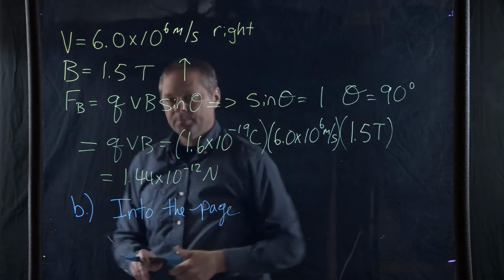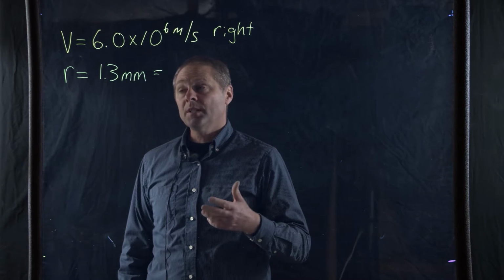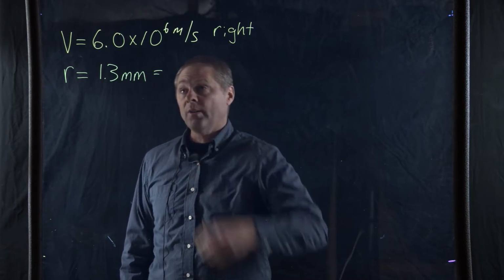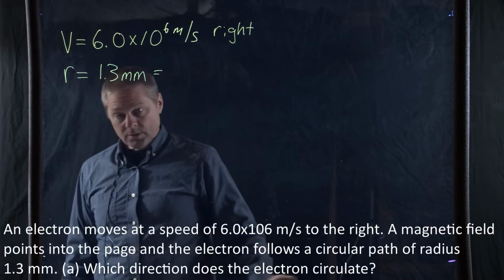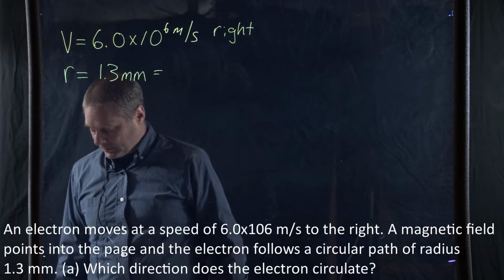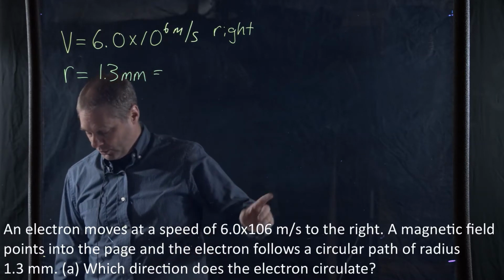We have another problem, where we're dealing with the electron once again traveling at 6 times 10 to the 6 meters per second to the right. Let's go through the question. An electron moves at a speed of 6 times 10 to the 6 meters per second to the right.